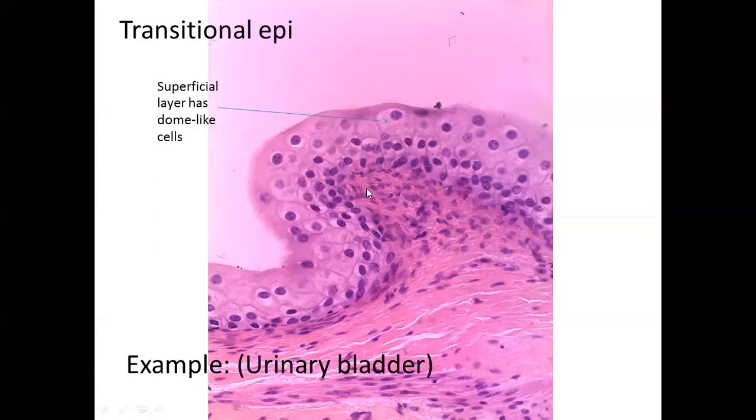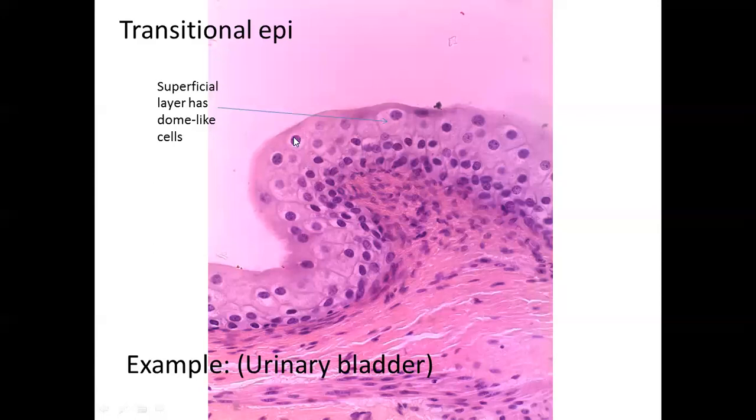While the simple cuboidal has only one layer. Let's count the nuclei. Number 1, 2, 3, 4. More than one layer of cells. For this reason it is called stratified transitional epithelium.